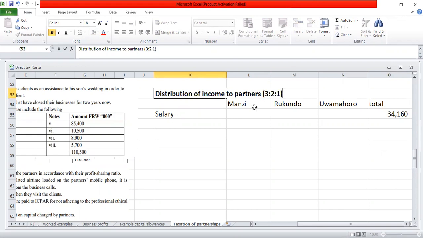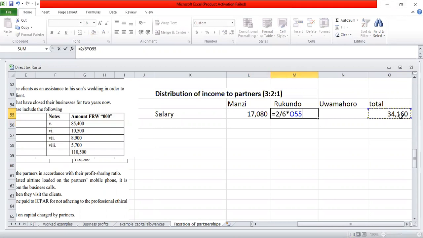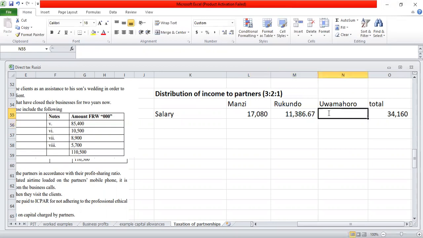I think it's like that. That's the sharing ratio. It means Manzi is getting 3 over 6 times the total amount. This one is getting 2 over 6 times the total amount. And this one is getting 1 over 6 times the total amount. So that is the distribution of their salaries.